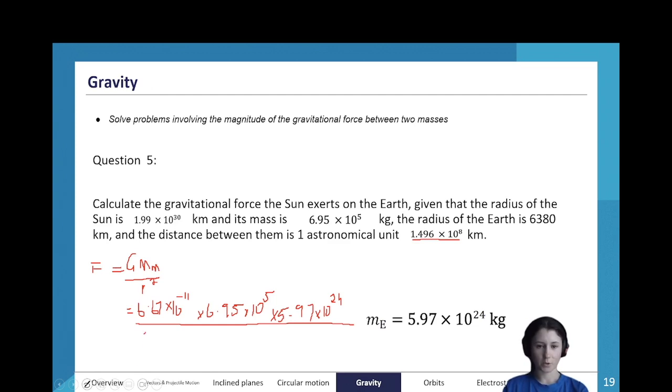So the distance between them will be 1.496 times 10 to the 8. And then we're going to be adding half of the radius of each. So half the radius of the Earth and then half the radius of the Sun.